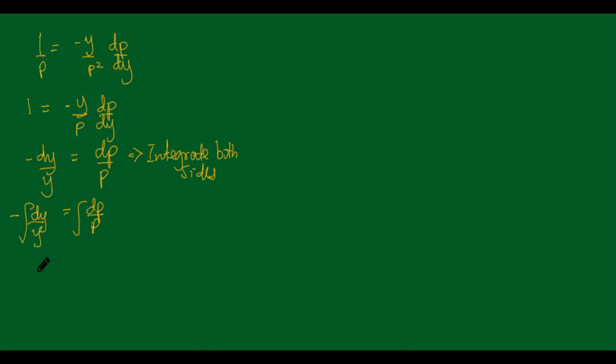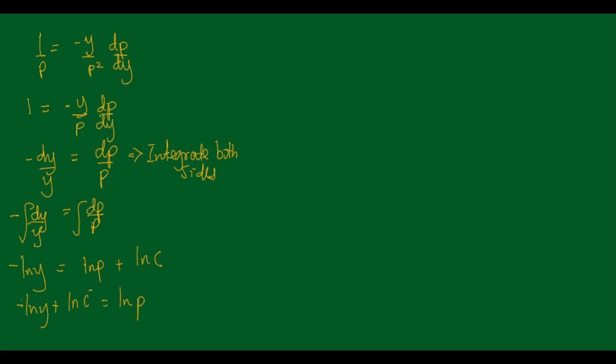So we have that minus ln y is equal to ln p plus ln c. I'm using natural logarithm for the constants also just for the sake of simplification. So we can write this as minus ln y plus ln c is equal to ln p.